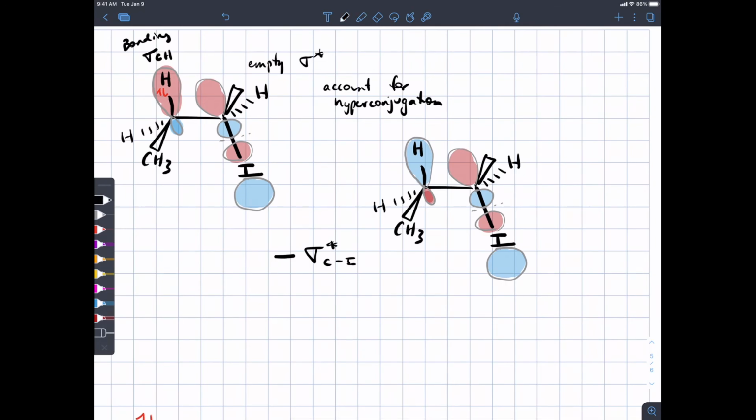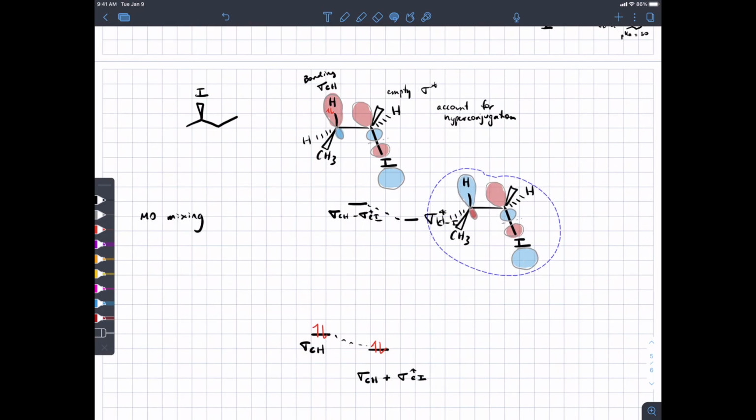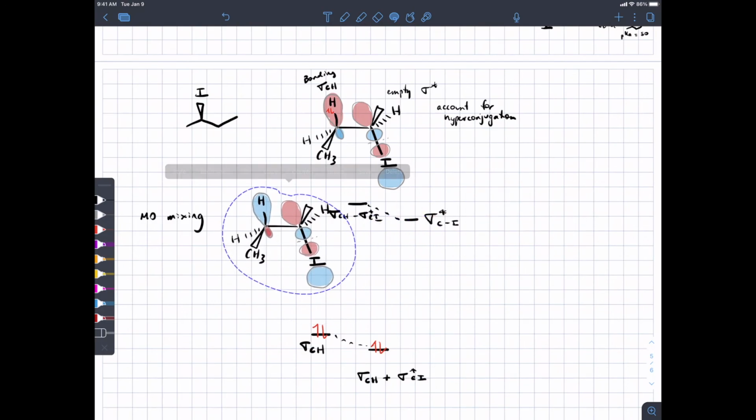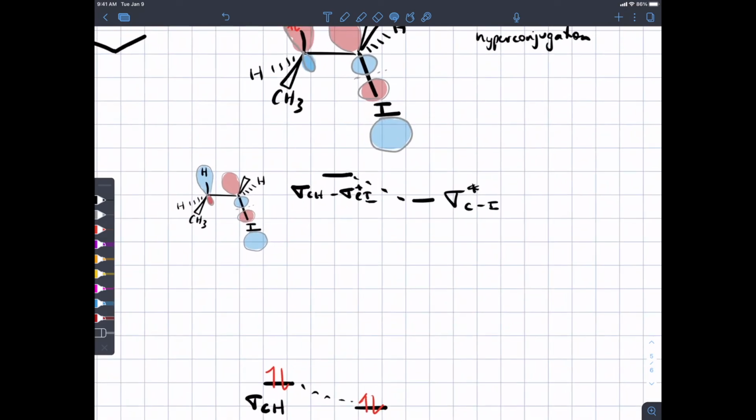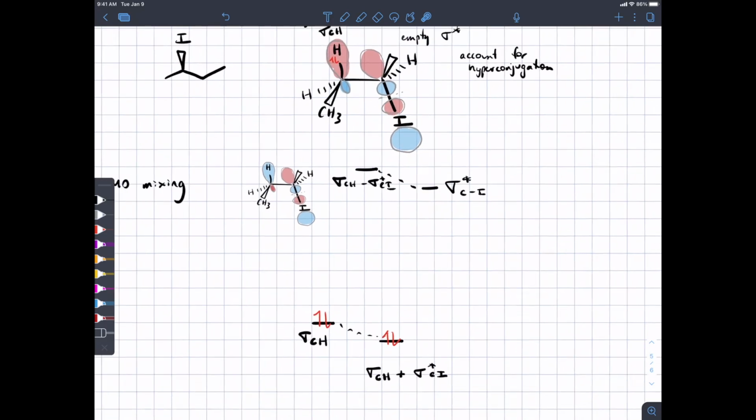And that would be what the new sigma CH minus sigma star CI looks like. Maybe put it here, and it's empty, but now it's not only on the carbon and the iodide, it's also on the adjacent hydrogen.